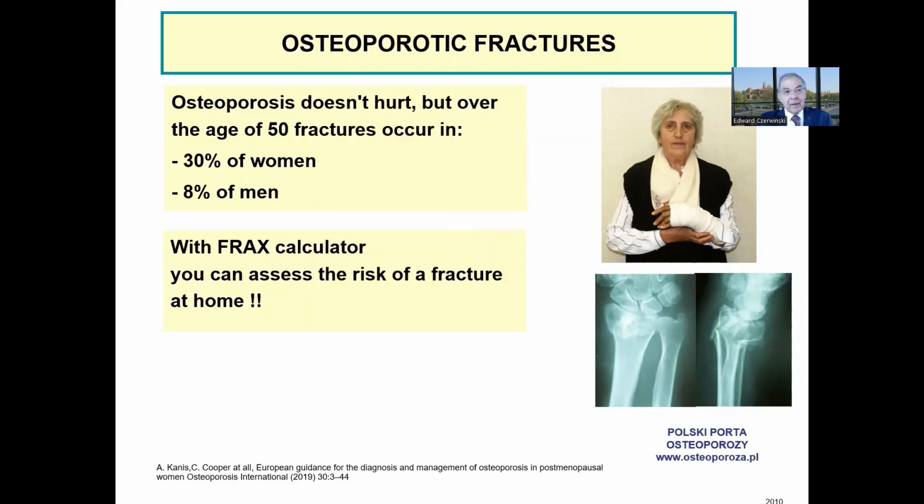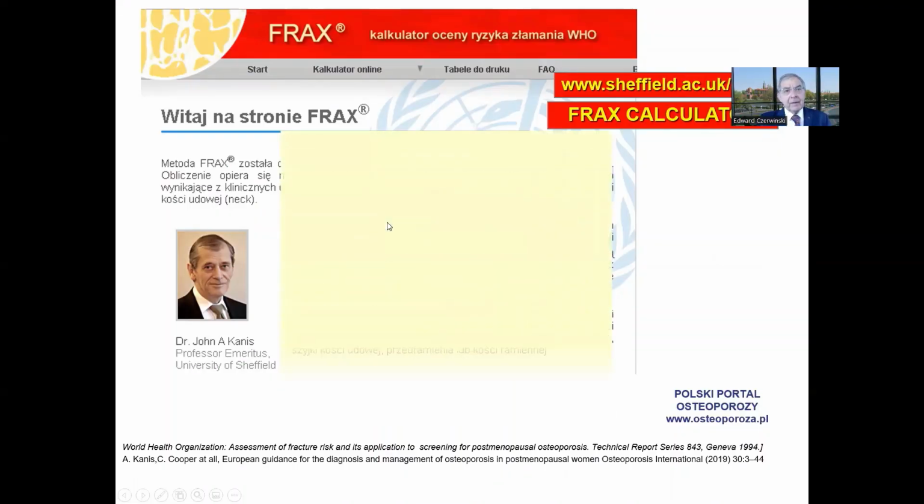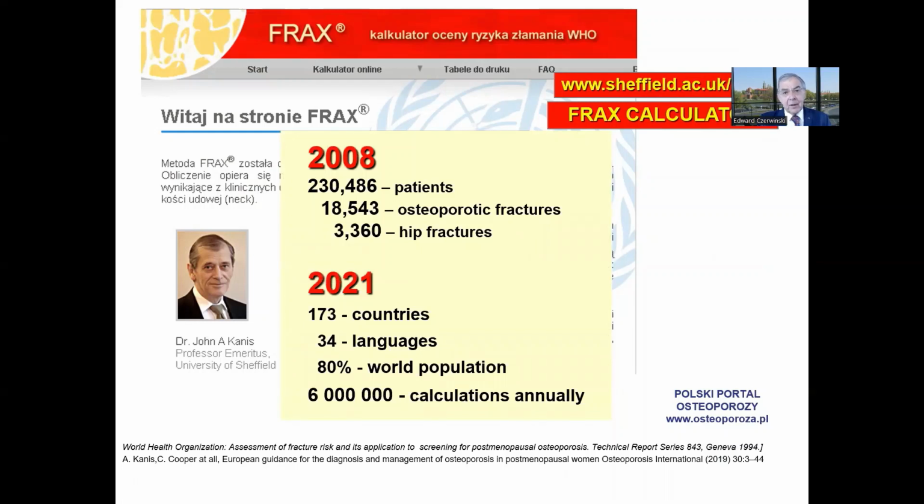Nowadays, we have a tool to find who is at risk, just at home, using the FRAX calculator. FRAX was published in 2008 by John Kanis under the auspices of WHO, and it is based on 10 years of observation of 230,000 patients with 18,000 fractures.